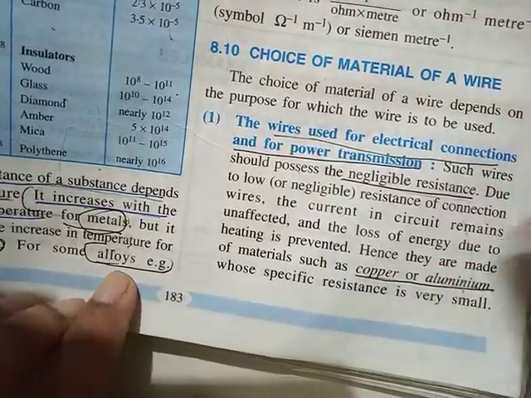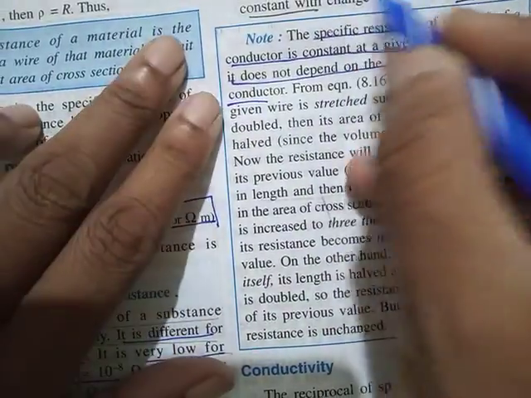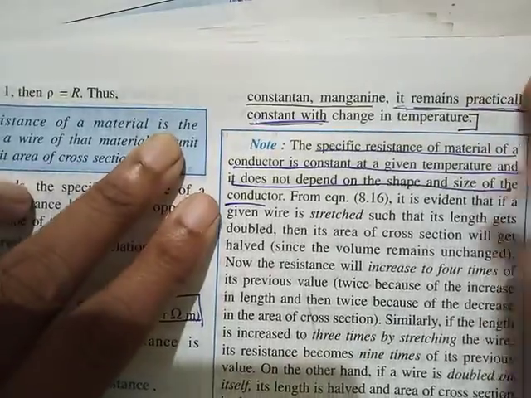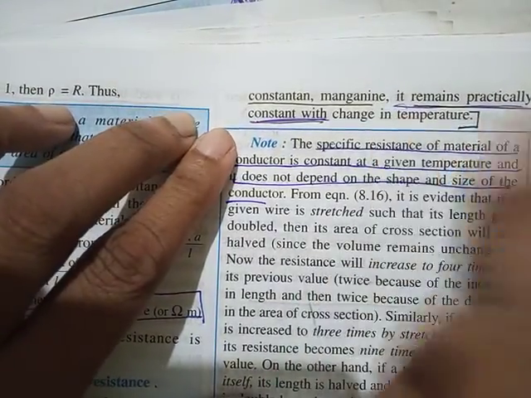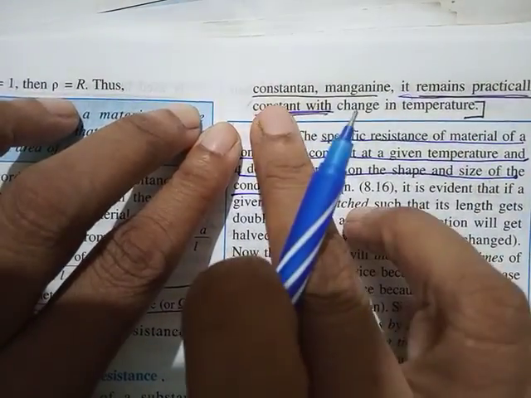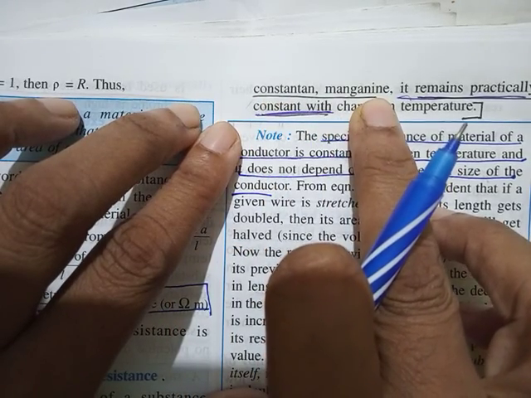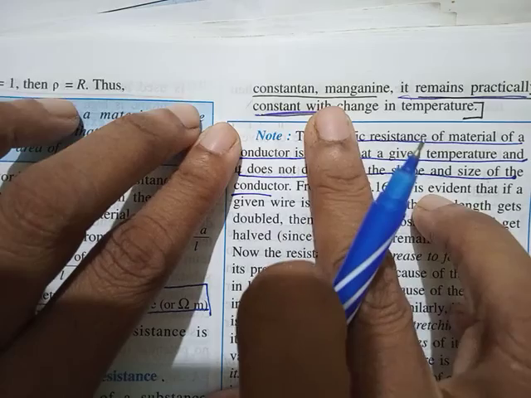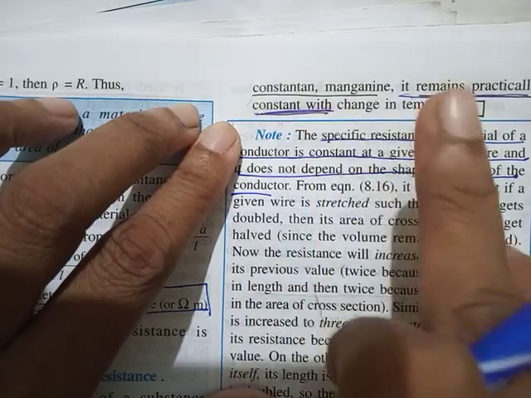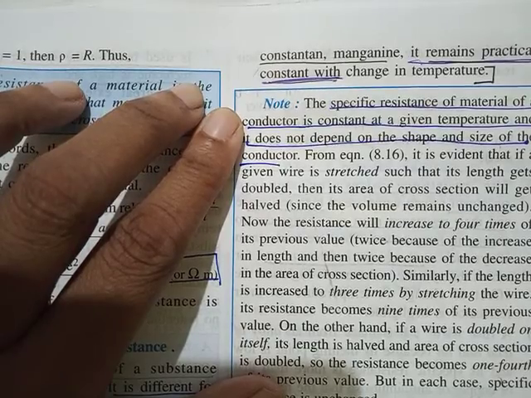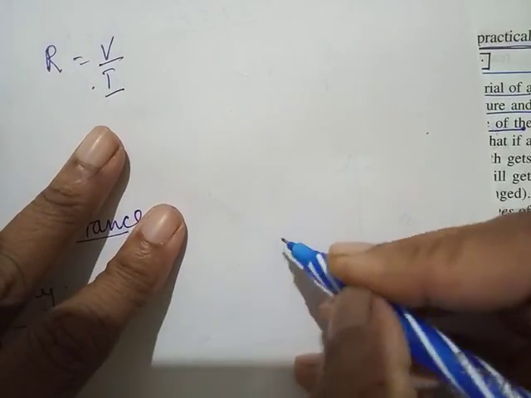Now, alloys are very unique in that their resistance remains practically constant. Practically constant means even though temperature changes, the resistance of constantan and manganese will not change much. This makes it very useful in the construction of the rheostat rod, which we started last year.